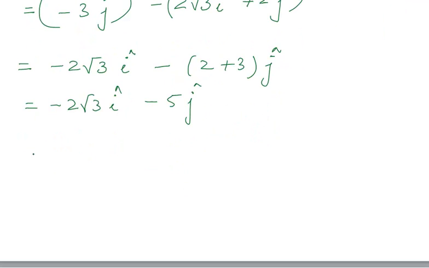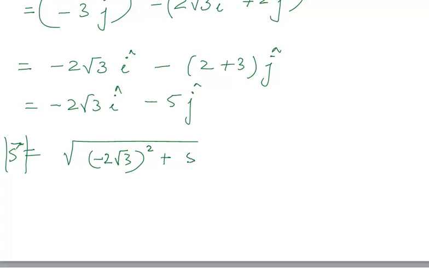If you wish to find out the magnitude of this, the magnitude will be equal to under root of minus 2 root 3 whole square plus 5 whole square. So this value will be equal to 2 root 3 square is 12 and 5 square is 25.